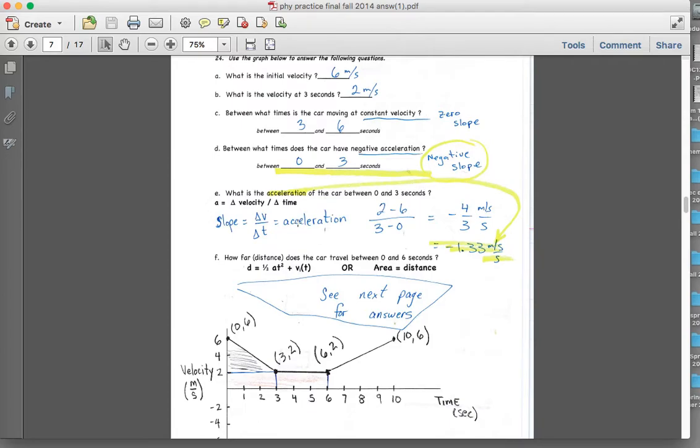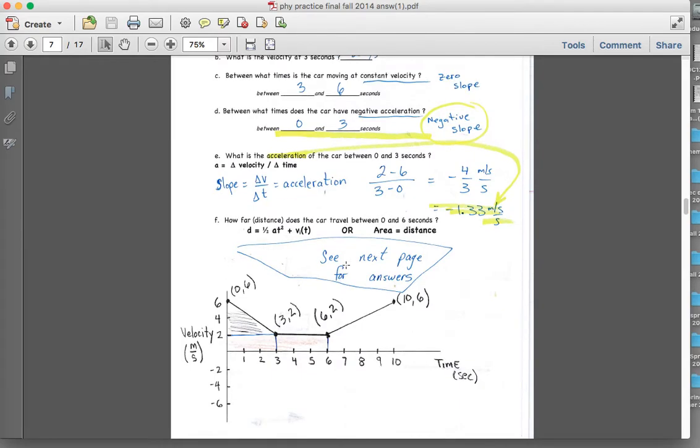To figure out what that slope is, I just took rise over run, so down 4 over 3. That's the slope there. Now, to figure out how far this one goes between 0 and 6, so not the entire 10 seconds, just between 0 and 6, how far did it go?